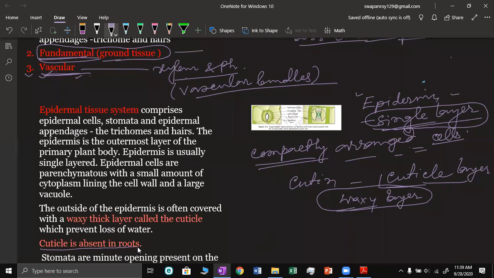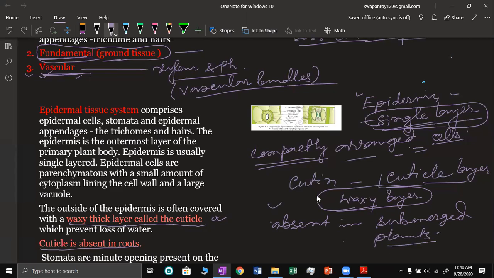The cuticle is a waxy thick or thin layer of chemical found on the outer surface only, not on the inner surface. It is also absent in hydrophytes, particularly submerged plants.